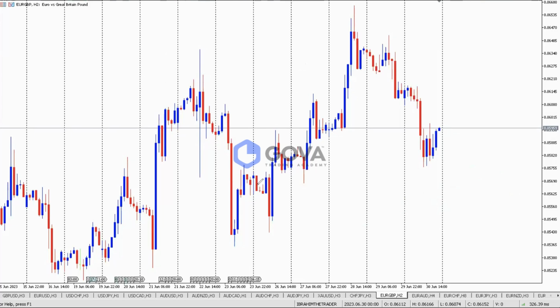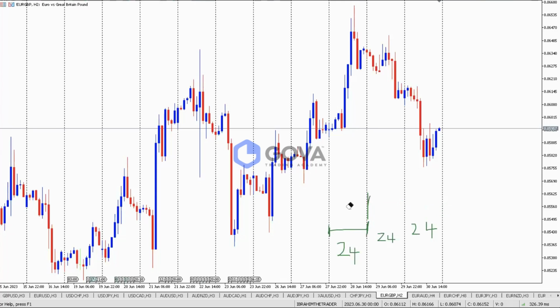Also, it means that from this period separator here to this period separator is 1 day period, which is 24 hours. This is 24 hours period. From this period separator here to this other period separator here is another 24 hours. Okay, that's on the H2 time frame.